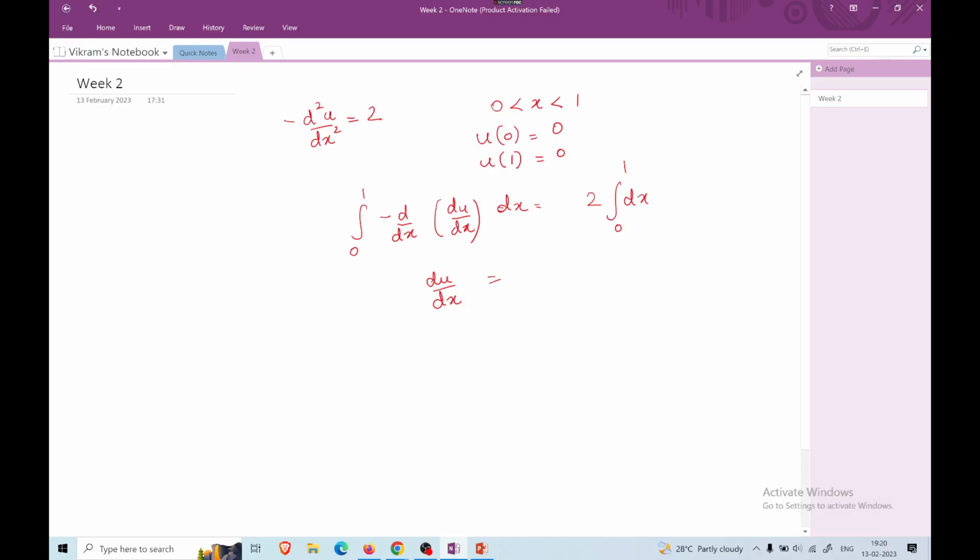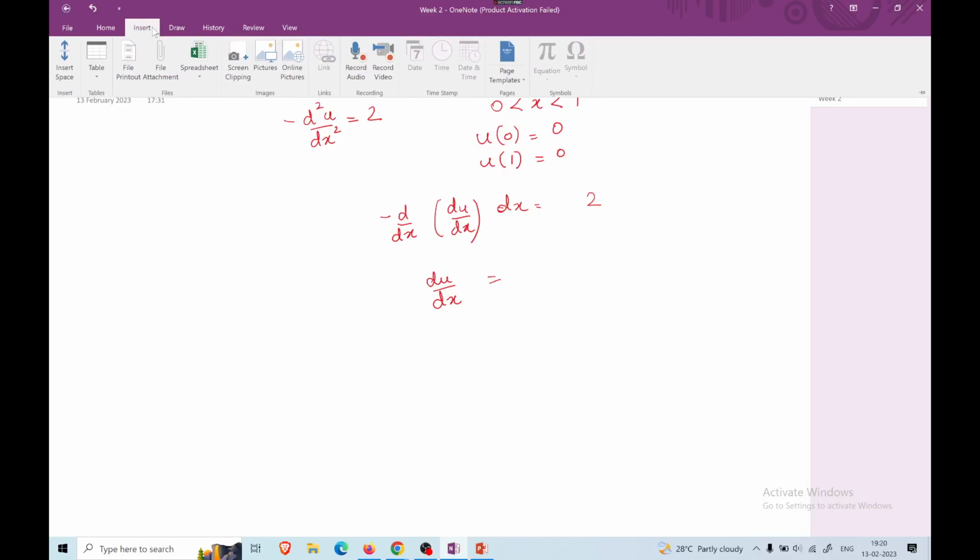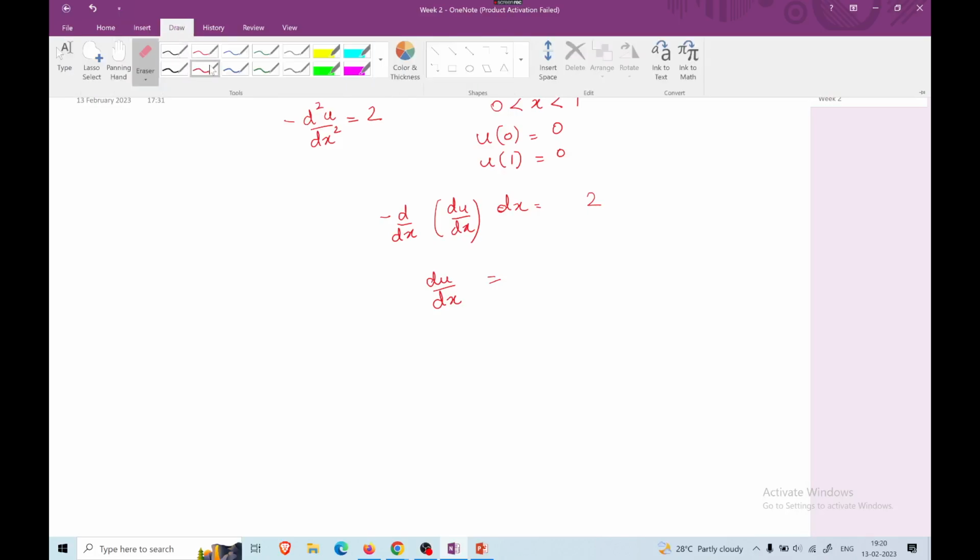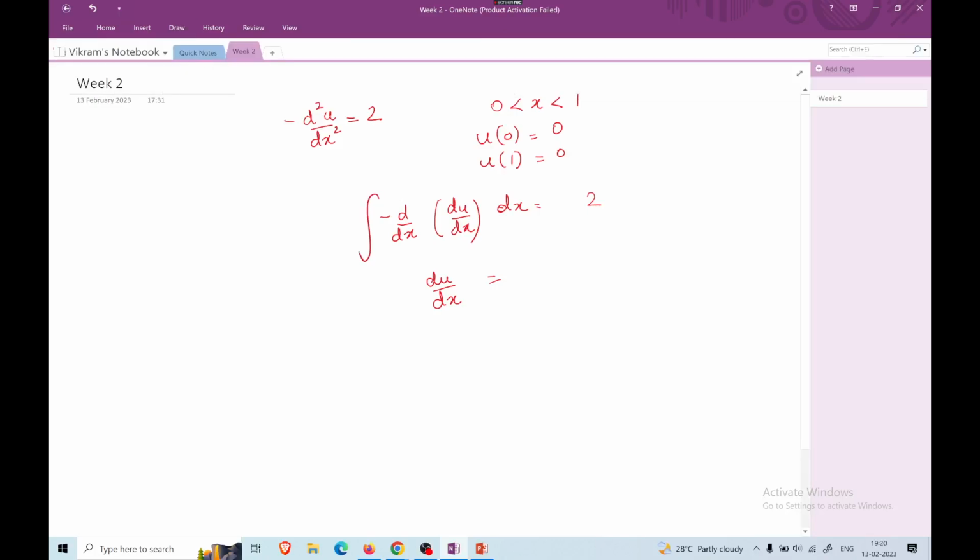Sorry, I will just do the normal integral, I will not have the limits; later I will apply the limits. If I integrate, this will be du by dx equal to 2x plus some constant c1.